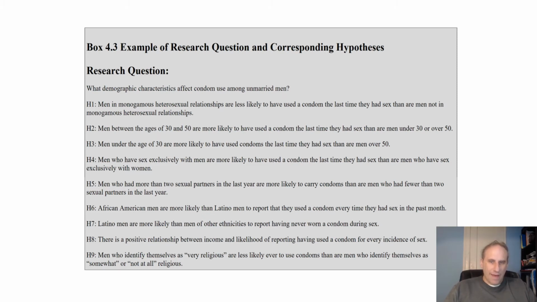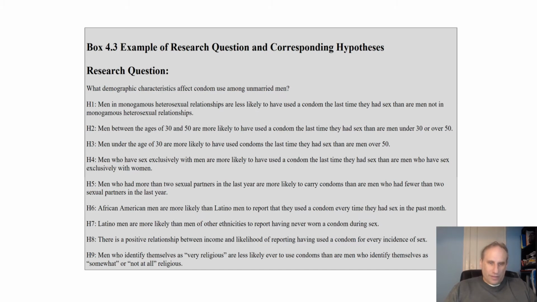There's also a hypothesis about men who have sex exclusively with men are more likely to have used a condom the last time they had sex than men who have had sex exclusively with women. Now, you have a question already about heterosexuality, homosexuality, but you might want to have a refining question on, is that exclusive?